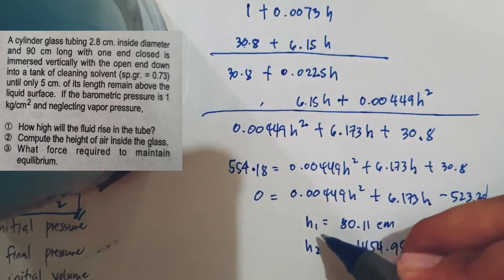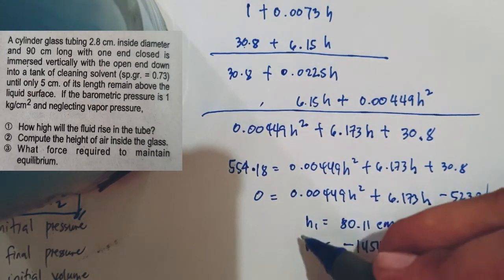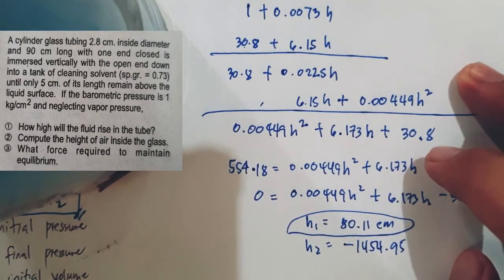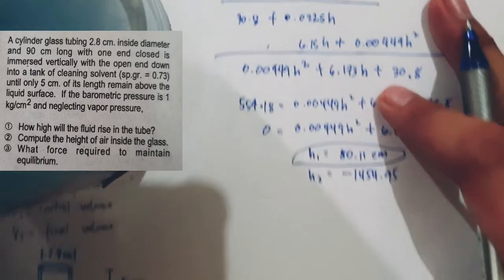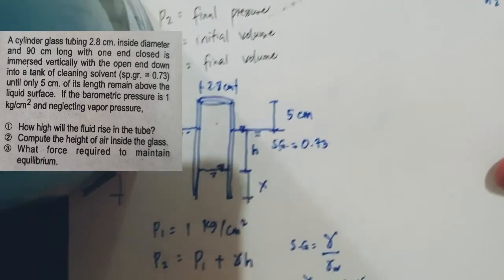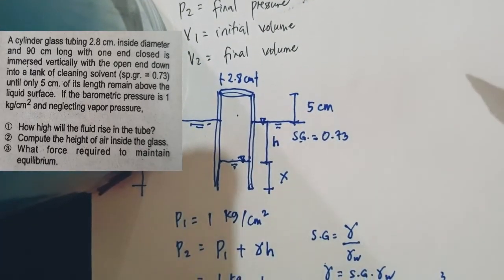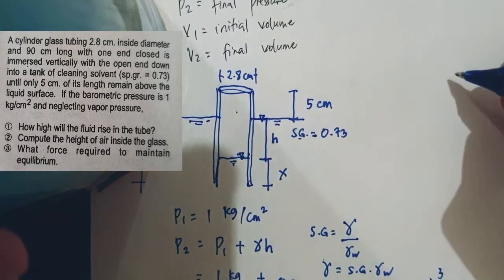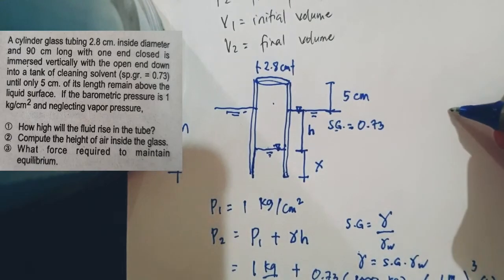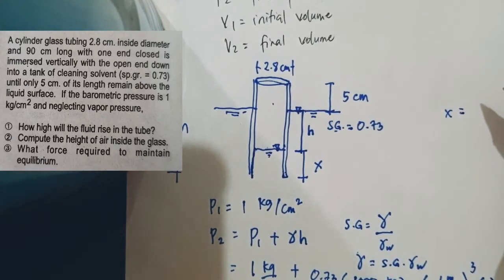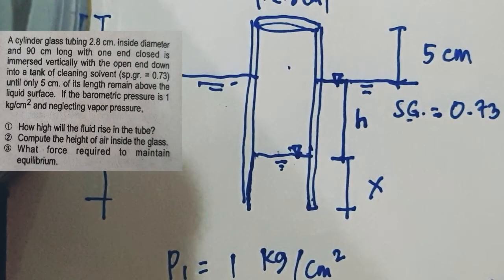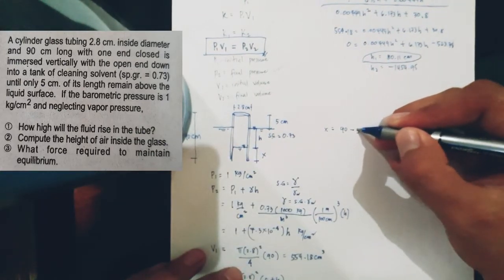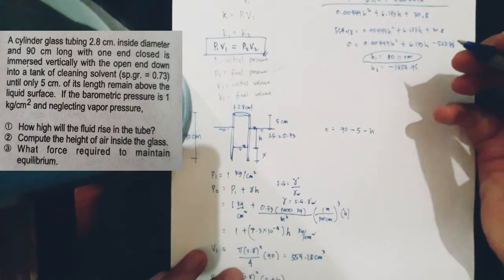So dito ta sa mas katuuhan. So we have h1 80.11. But since ang gipangita man sa ato ang problem is ang x, so that is x is 90 centimeter minus 5 minus h.